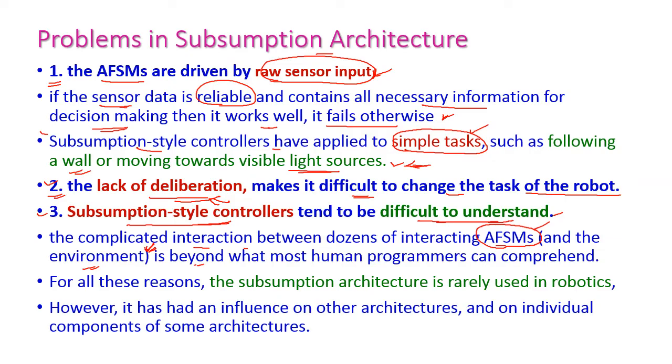For all these reasons, the subsumption architecture is rarely used in robotics. So this is somewhat of a failed one, but it has much influence on other architectures and individual components of some architectures. This is the very basic foundation of robot movement, right?